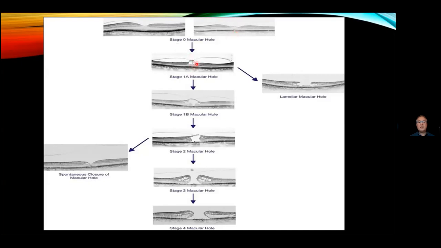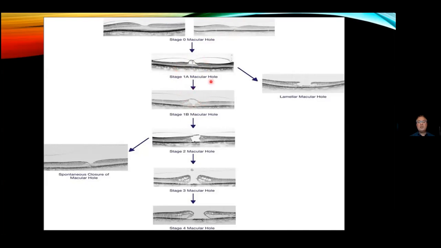It's then classified as a stage 1A macular hole. Stage 1B macular hole is actually where the outer part of the retina, the photoreceptors, are split, but the inner part of the retina is still attached to each other.